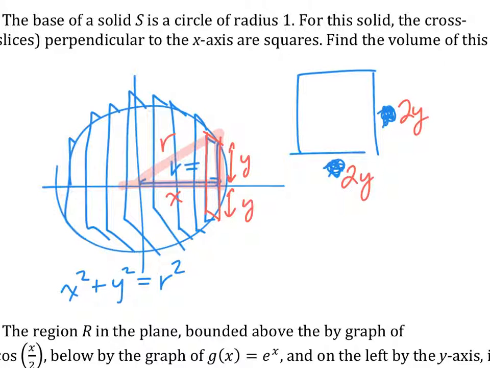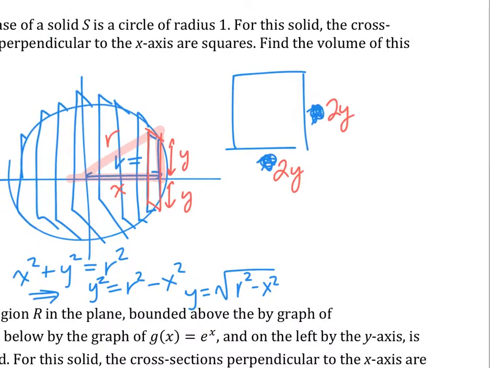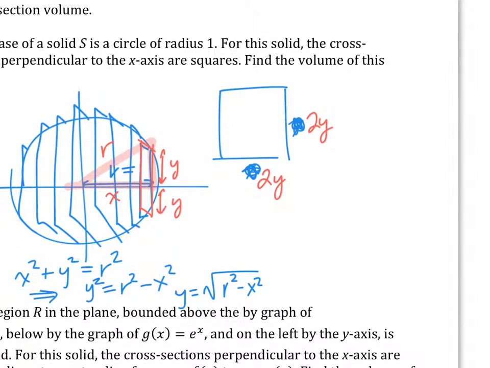Okay. So from this equation, we need to figure out y. So y squared is equal to r squared minus x squared. That means y is equal to the square root of r squared minus x squared. We're just using the positive, obviously. So from here, what we want to do is calculate the area of this square, which is (2y) squared.